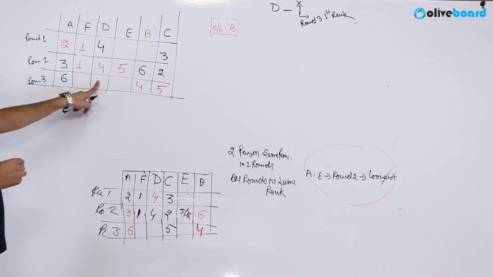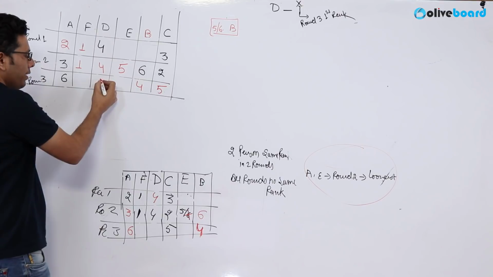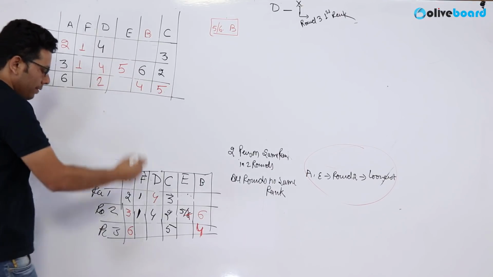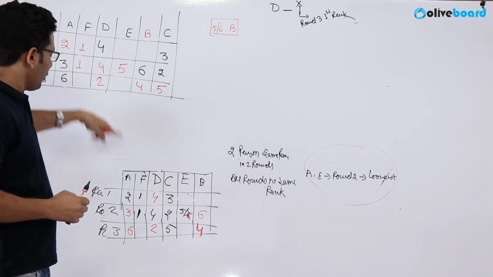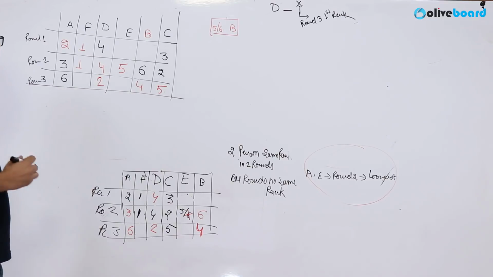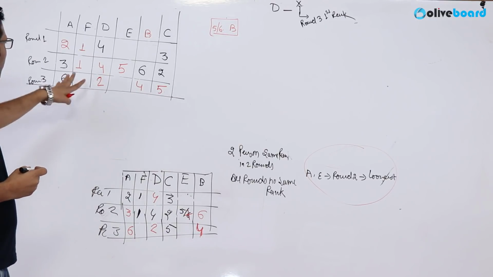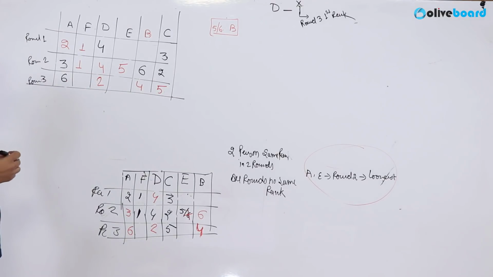Okay, it cannot be 4 here. It cannot be 4 here. So it should be 2 here and it will be 2 here. Okay, these 2 would be there. One more thing we can say: what will be the rank of E and F?